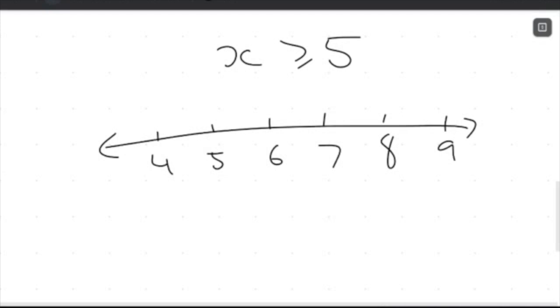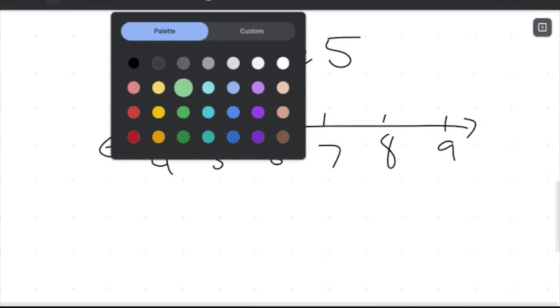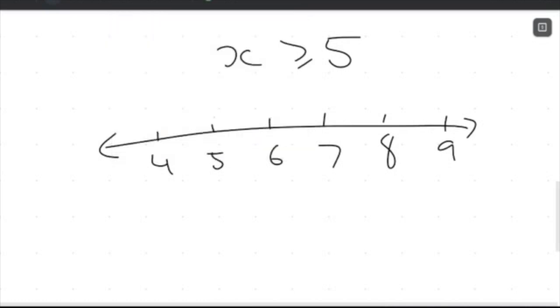I'm going to find 5 on my number line, and I'm going to draw a closed circle because this symbol means greater than or equal to. So the 5 is included.